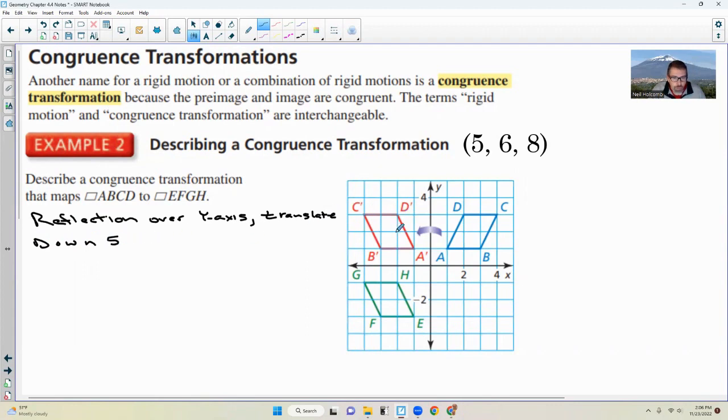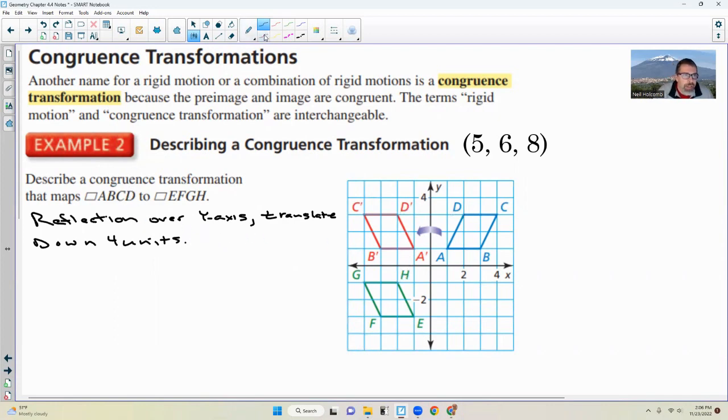Or is it 4? 1, 2, 3, 4. Down 4 units. Okay, so it's a reflection over the y-axis followed by a translation down 4 units. That would map A to E, B to F, C to G, and D would go to D prime and then down to H.